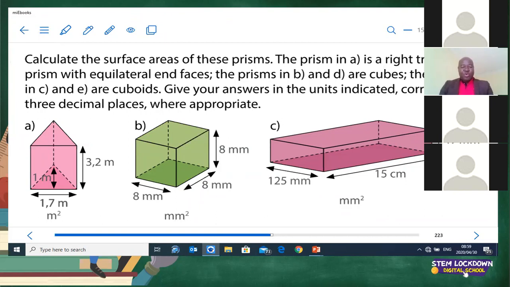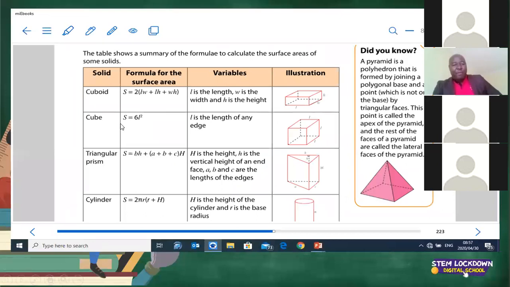Then you can use the same principle that we've used of calculating surface area. And we said that the surface area is given by the formula S is equal to 6L squared. And of course, this means to multiply the area, one of the areas there, by 6.